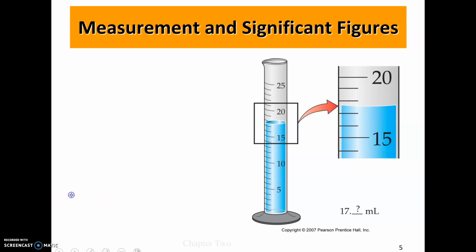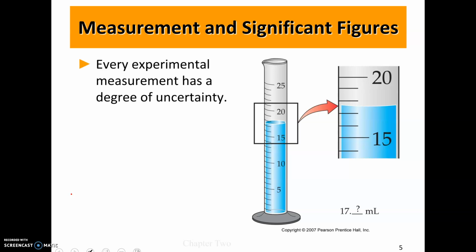Alright, so when I'm using a measuring tool, there's a rule here. When you are using a measuring tool, you are always going to measure 1 digit beyond the scale that is given. For example, let's take a look at this graduated cylinder. I know the level of the water, and you're supposed to measure where it dips, that's called the meniscus.